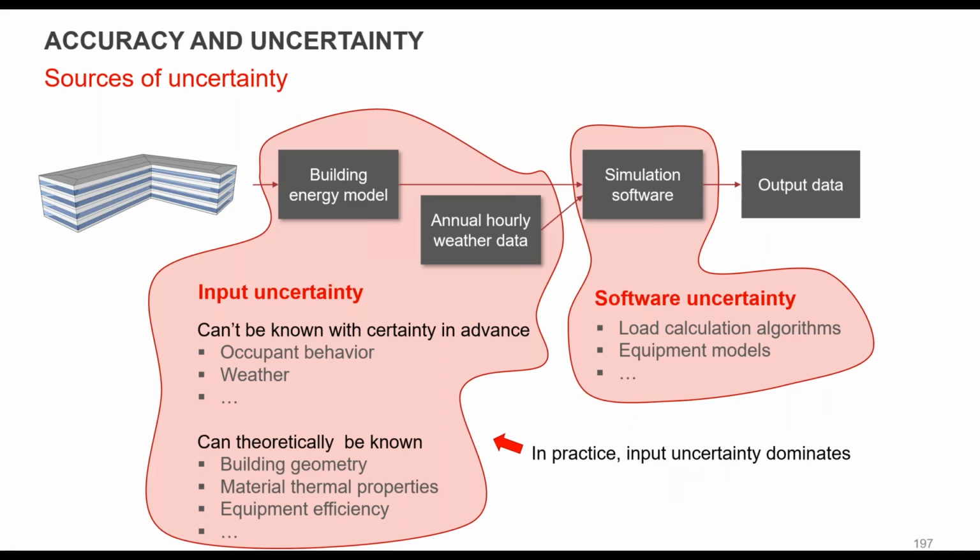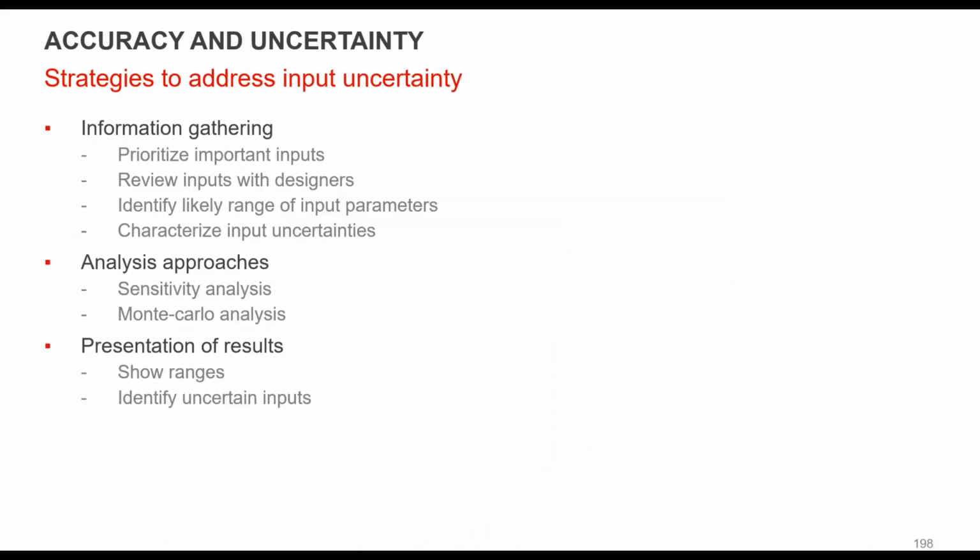The other thing in practice is that input certainty just really dominates what we're doing here. It's clear that we have to try to provide as much information as we can, but we can't predict occupant behavior. We can't predict weather. We can use past predictions and/or measured data as well.